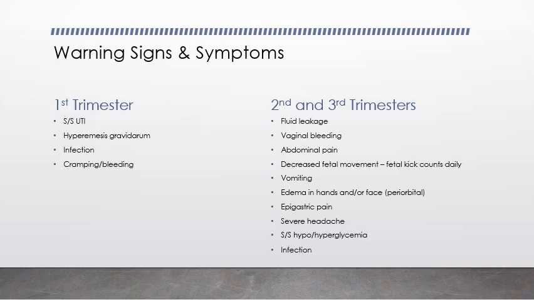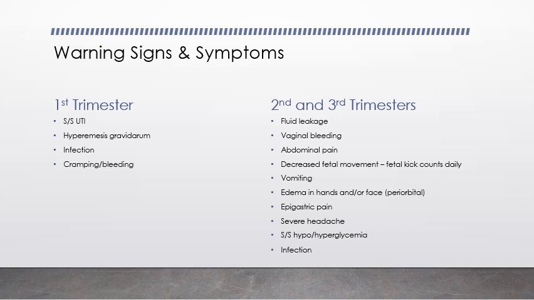Warning signs. This is also something that we want to make sure that we teach about during a prenatal visit. So the things on the left-hand side are during the first trimester, and we want to teach them the signs and symptoms of urinary tract infections, hyperemesis, other infections, and cramping and bleeding that may indicate a spontaneous abortion.